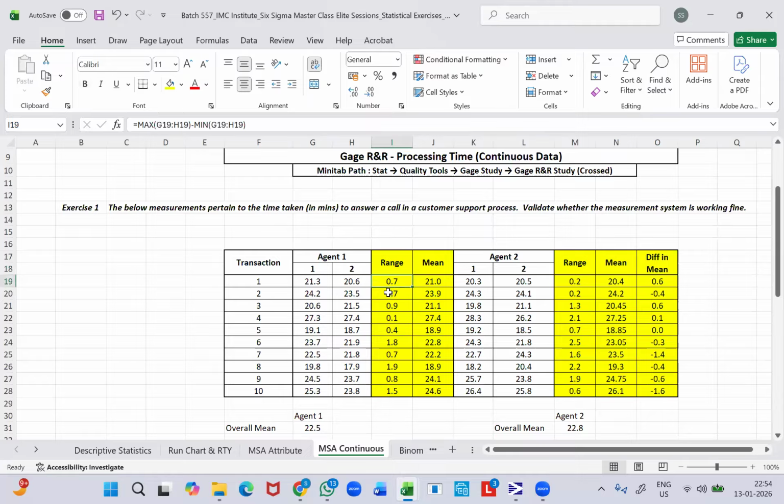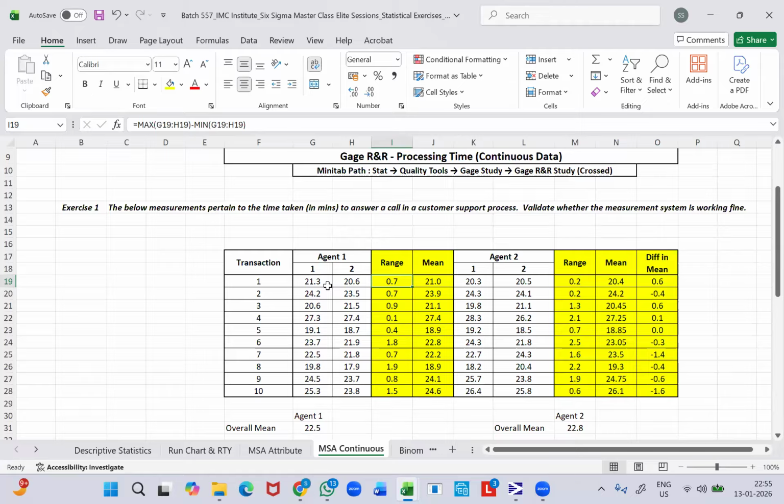So range is nothing but the differences in the measurement values provided by an appraiser or an agent for a particular transaction. So here, when we are calculating the differences in the measurement values for a particular transaction, the range as a descriptive statistic metric would indicate what component of variation, repeatability variation or reproducibility variation?